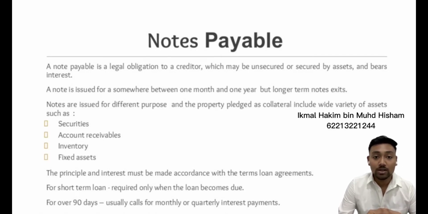Notes are issued for different purposes, and the property pledged as collateral includes a wide variety of assets, such as securities, accounts receivable, inventory, and fixed assets. The principal and interest payments on the notes must be made in accordance with the terms of the loan agreement. For short-term loans, a principal and interest payment is usually required only when the loan becomes due. For loans over 90 days, the note usually calls for monthly or quarterly interest payments.